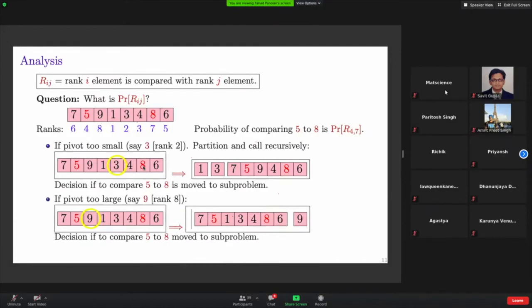Okay, now, here is the idea. Fix R47, which means the probability of comparing 5 with 8. Suppose you choose a pivot which is smaller than 5, which means its rank is smaller than 4, say rank 3. Then what happens in the steps of the algorithm?